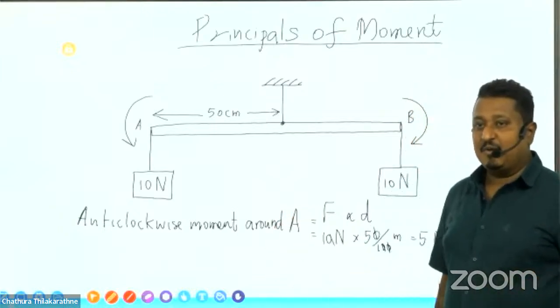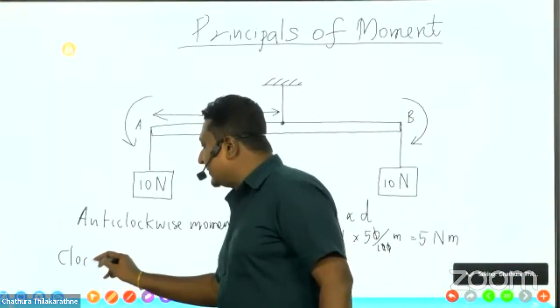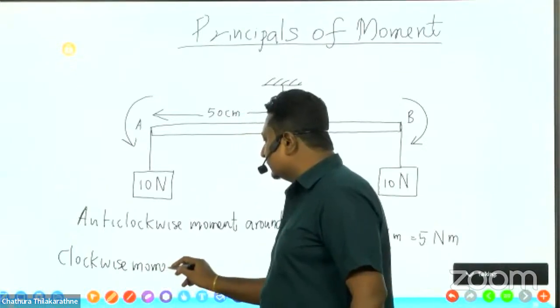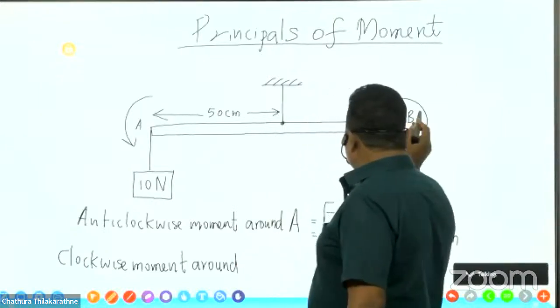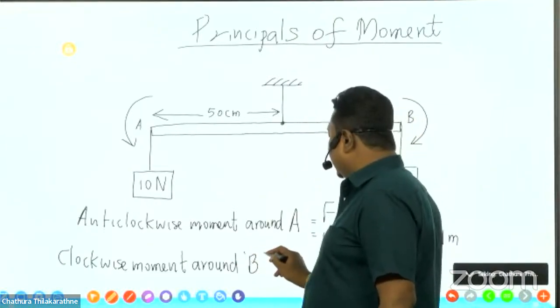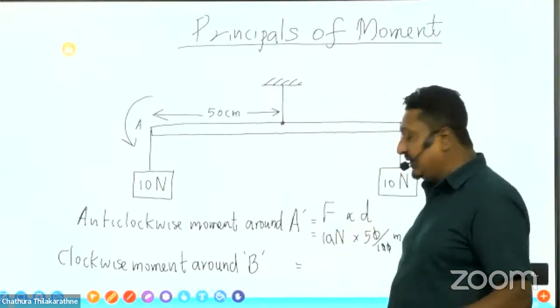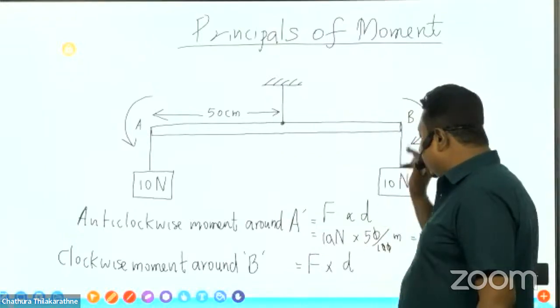Find the clockwise moment again. Clockwise moment around B, point B. Once again, how to find it? Force into perpendicular distance.